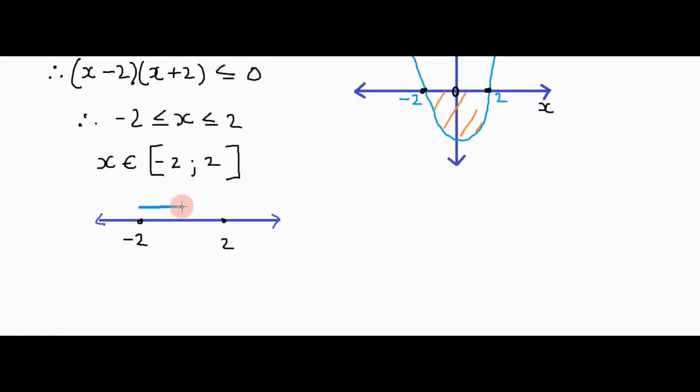So we're going to have a solid line from -2 to +2. And then at -2, we're going to have a dot, so a circle that's colored in, as well as at +2, to show that it includes the values -2 and +2.